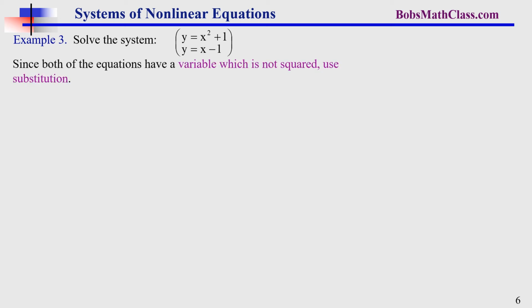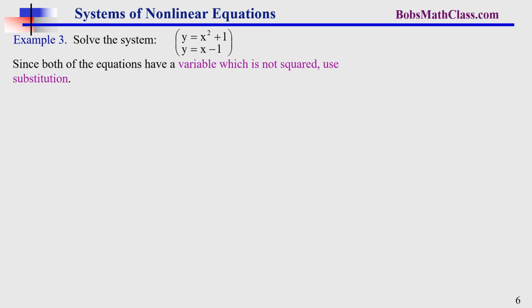Okay, both the equations have a variable that's not squared. So we're going to use substitution. We actually could use elimination. There's actually a choice here because they do have a variable that matches exponents, and that's the y. So we could use elimination, but we're going to use substitution here.